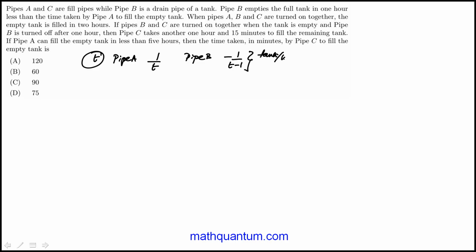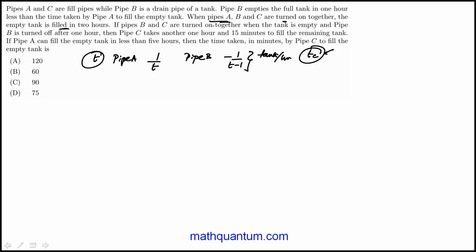So think of it as fraction of the tank, or whatever the volume is, gallons, liters, etc. Now we have to translate these using the appropriate variables. Here I will assign t sub c as the time it takes pipe C to fill this entire tank. We're told that when they're turned on together, the empty tank is filled in 2 hours.